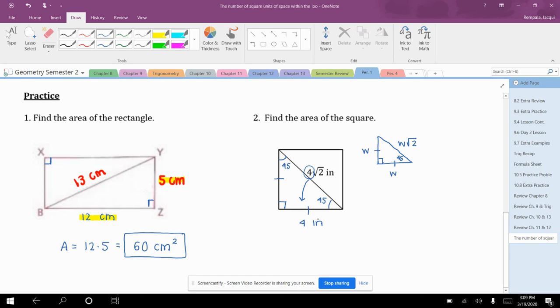So really, each side is 4 inches. So to find the area, I can multiply 4 times 4, or I can think of it as 4 squared. 4 squared is 16, and then we want our units. Inches times inches would be inches squared. So there are two examples using our formulas for area of both a rectangle and a square.